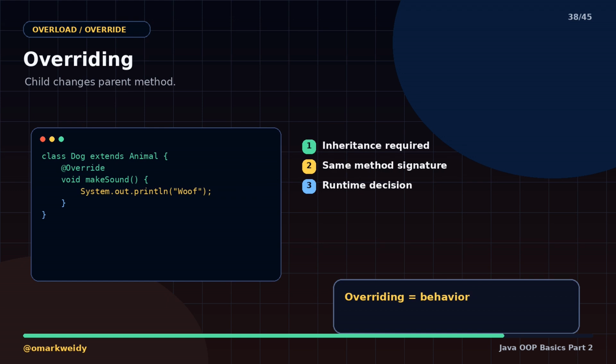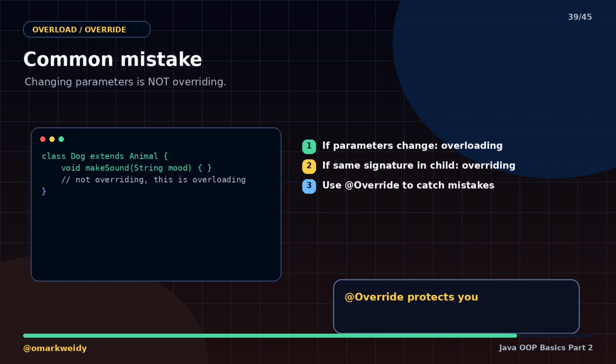The child class provides a new version of a parent method with the same signature. This changes behavior at runtime. So, if we change the parameters, it's not overriding, it becomes overloading. The override annotation protects you because Java will show an error if you're not really overriding.